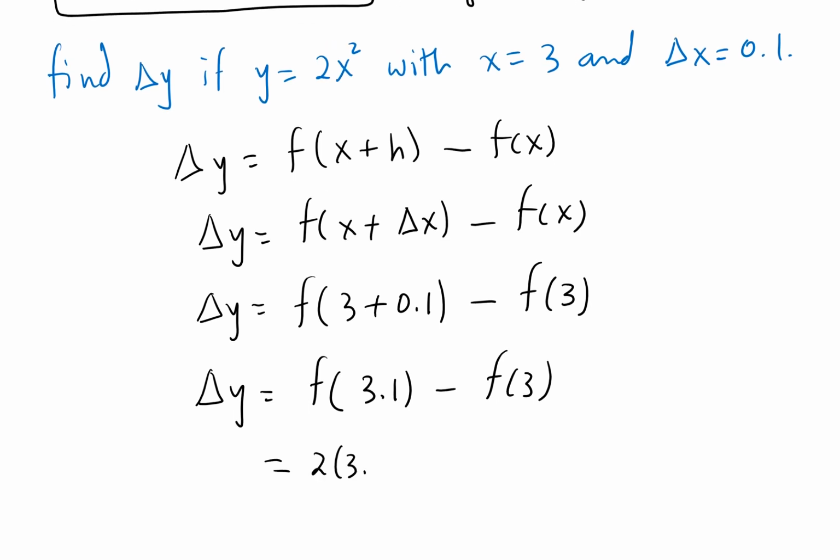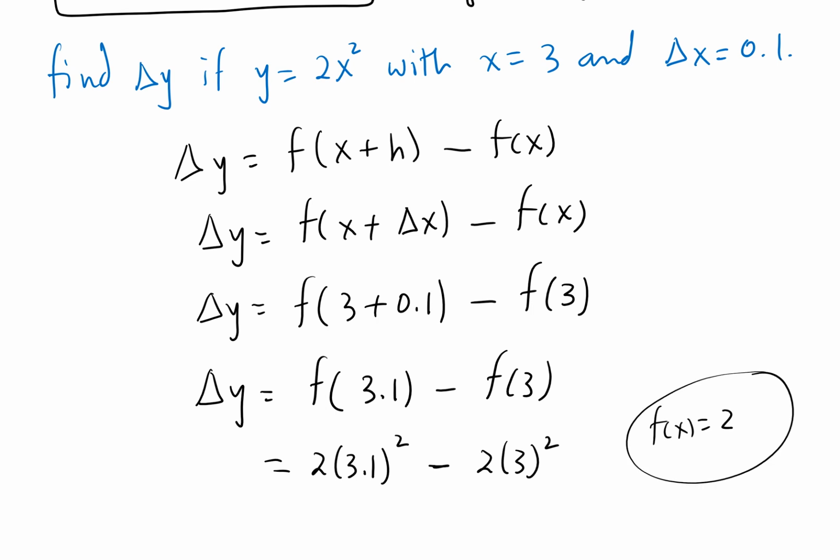Two times 3.1 squared minus 2 times 3 squared. I'm substituting 3.1 back into the function. Note that f of x is the given function, 2x squared.